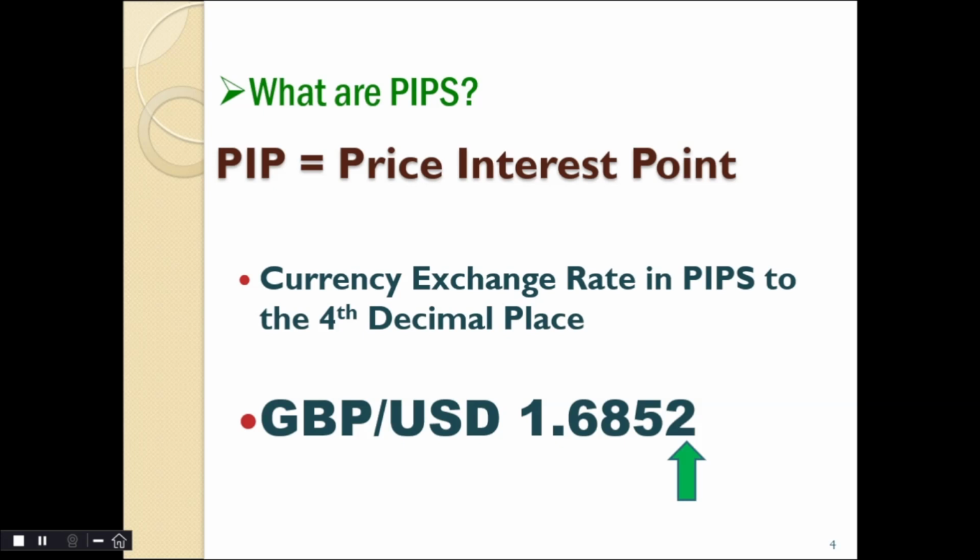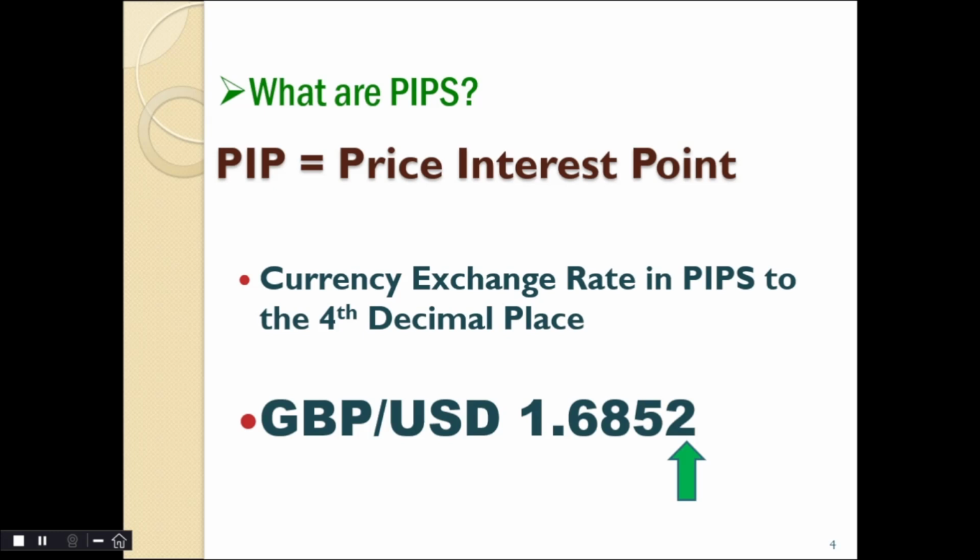The same thing here. When brokers offer the pip value, if a pip value is $1.5, for example, and you make a movement of 3 pips, it means you have gained 3 times 1.5, eventually $4.5.